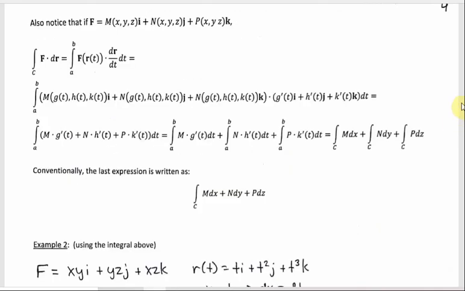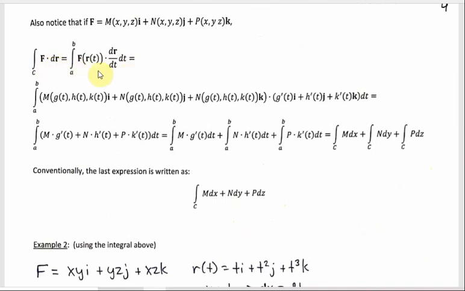Another thing that's worth noting, because a lot of times what you end up having to integrate ultimately looks kind of like this down at the bottom. The derivation to get here is basically what the rest of this is. So this first part we already know, that the integral of f dot dr you can rewrite this way when everything's in terms of t.